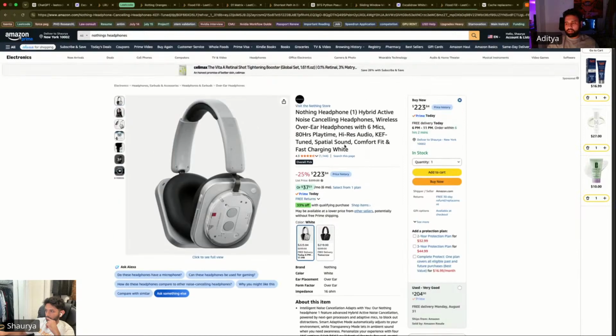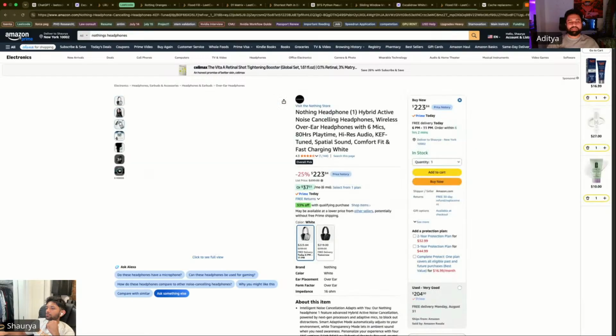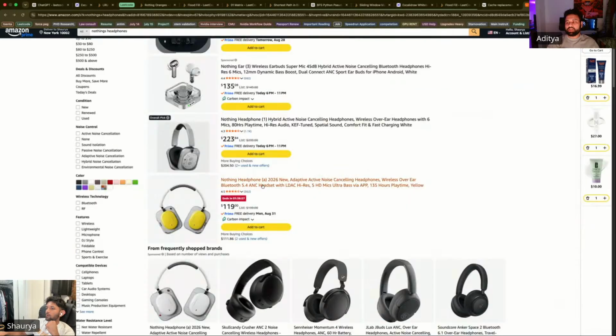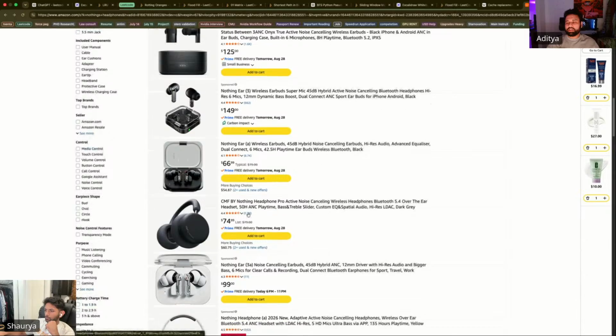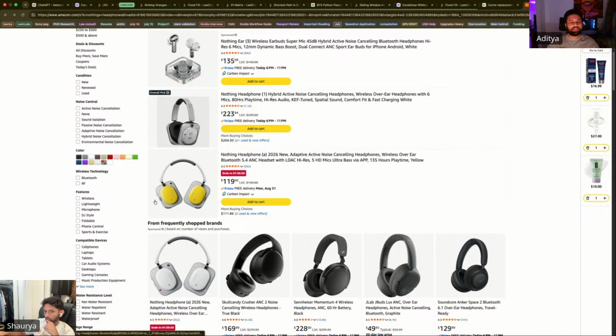What is the difference? I think it's the color. 100 bucks for a color? It's not an iPhone, bro. Dude, you never know. I think the 109 one is the cheaper variant. Why am I not getting the $109 one? I don't know, bro, I saw it on Slickdeals. That's why. I have sent you the link.